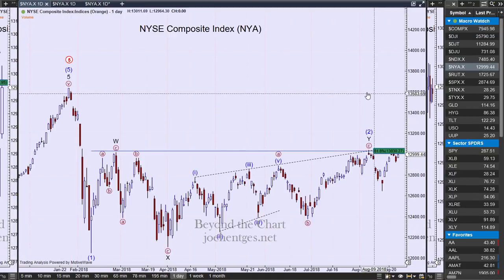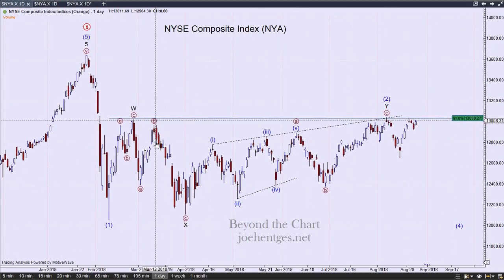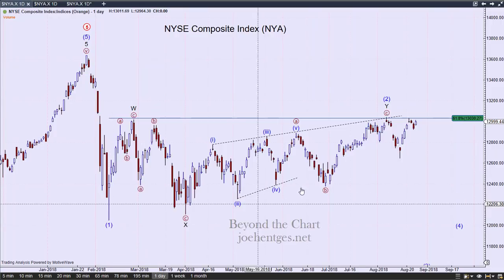All right, let's take a look at the New York Composite Index real quick. This is a much different picture in here, and you can see the big key thing on the New York Composite Index: it has still not retraced over. I went a couple of points on this August 7th above the 61.8% retracement of this entire move, the first move down, and that's it.